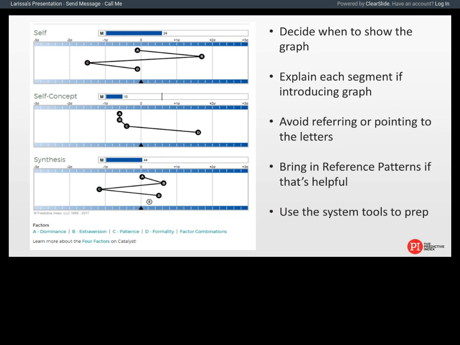I simply begin to explain what they're telling me, not what the PI definitions are, because those don't always coincide with what they mean, and people can get stuck on the word extroverted. Like, I'm really an introvert. So make sure you're not pointing and saying, see, you have a high B. That gets lost in translation, and they can get stuck on it.